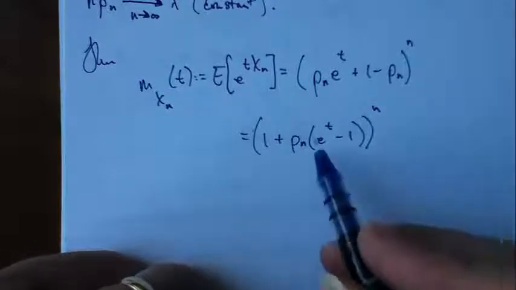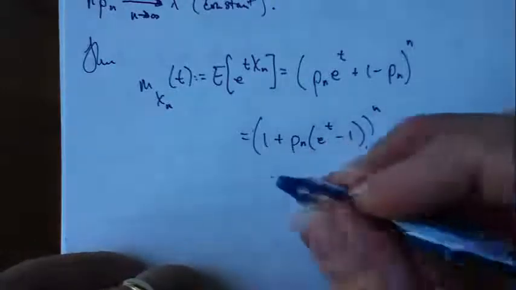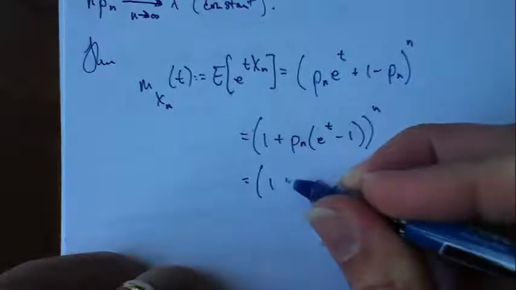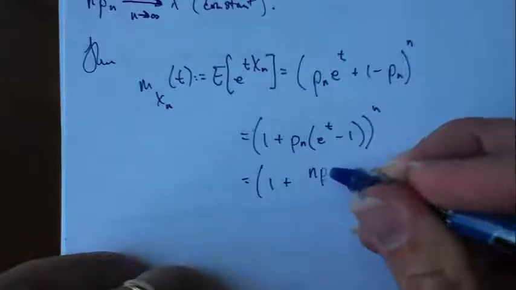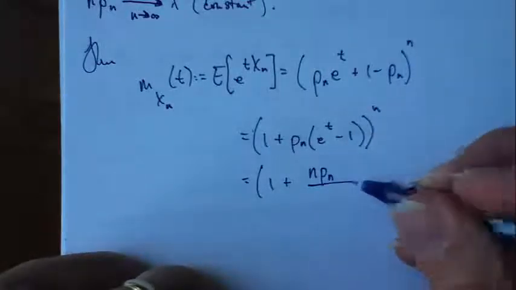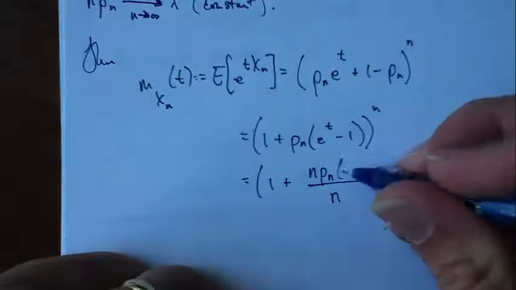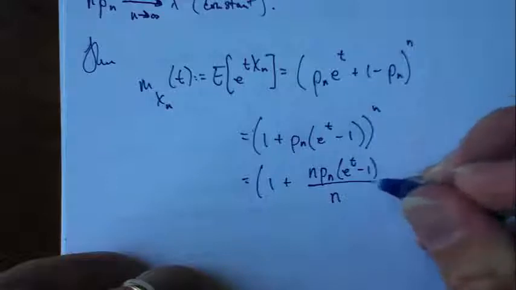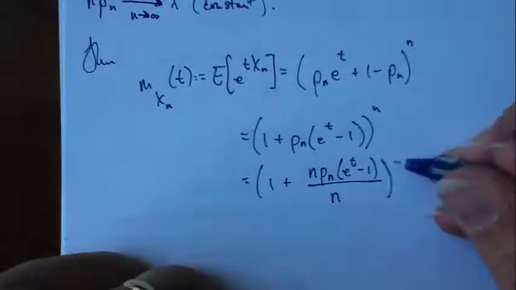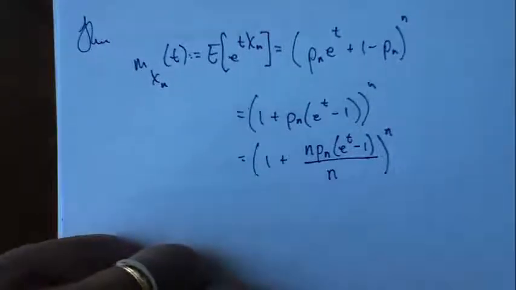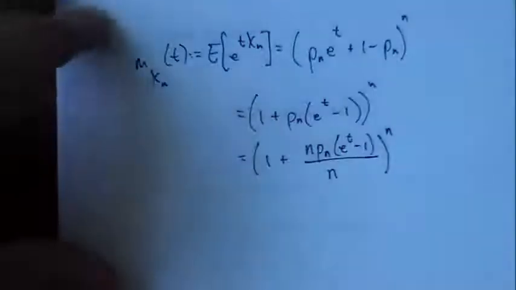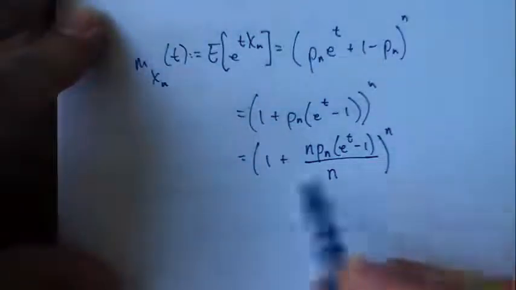Okay. Now, I'm going to come in here and be sneaky. On this second term here, I'm going to multiply and divide by n. Now, what does this spell? Hey, look at this.